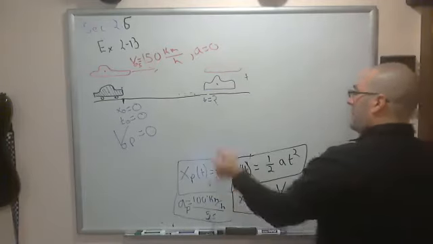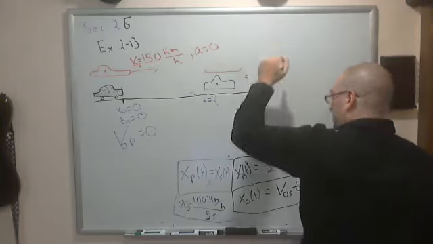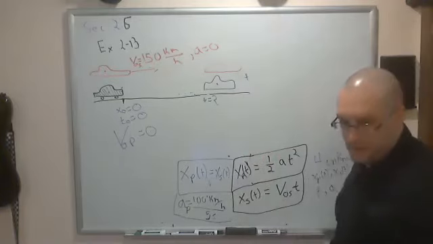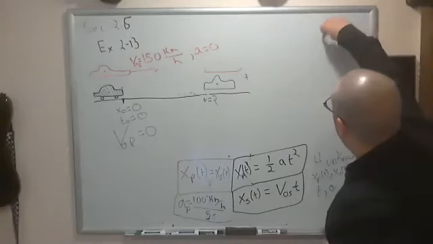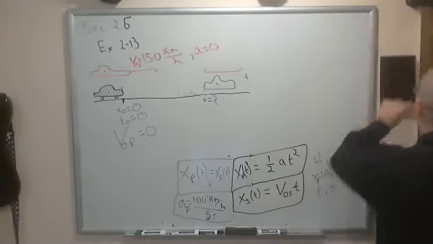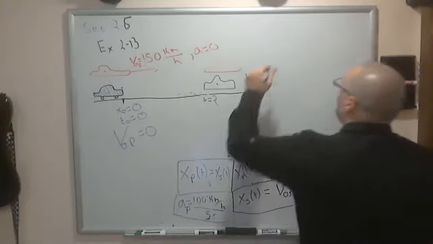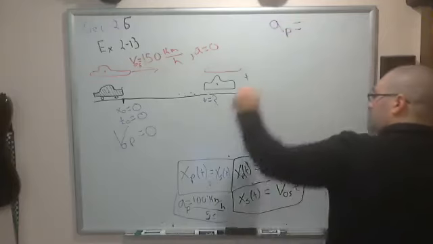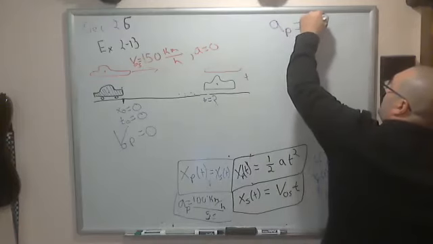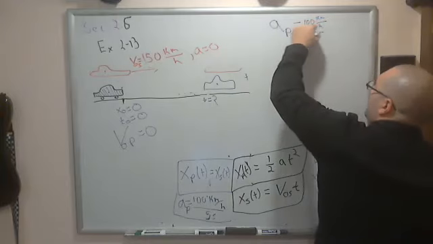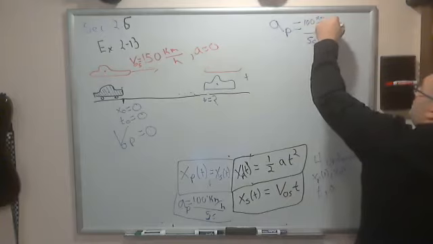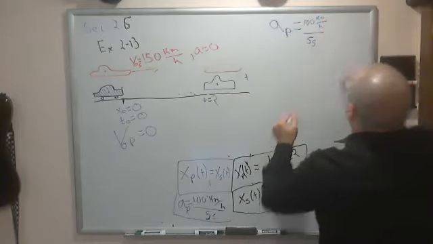Oh, that's not good. I'm running out of space. Okay. The acceleration of the police car is 100 kilometers per hour, in 5 seconds. So let's convert this into seconds.